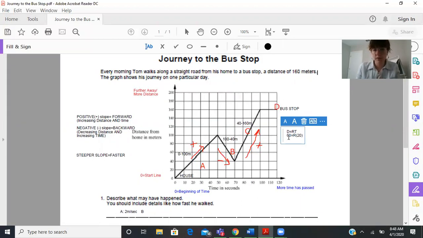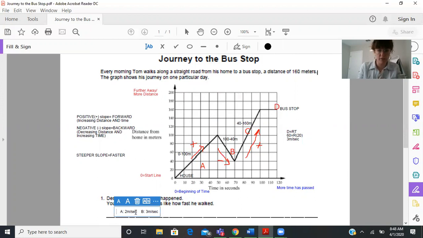So to get the R by itself, I divide by 20 on both sides. 60 divided by 20 is 3. So for section B down here, I can write he walked 3 meters per second.